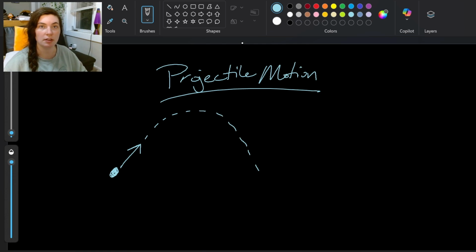And it may not always start at the ground. You may start and end in various places. You may not always be going up at this angle, an angle theta. You may be going straight out, for example, or you may be pointing down even. It could be anything. It could be water coming up out of a spout, anything that is just creating this arc motion that's subjected to gravity.